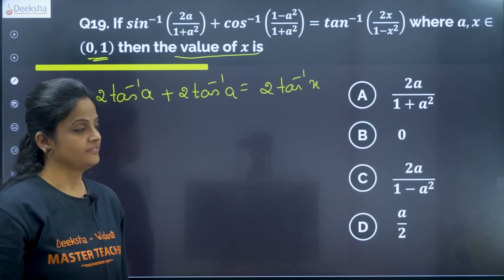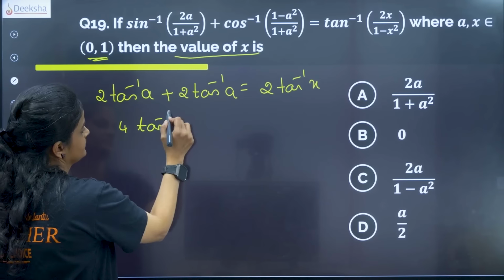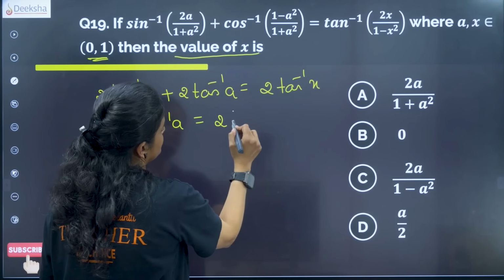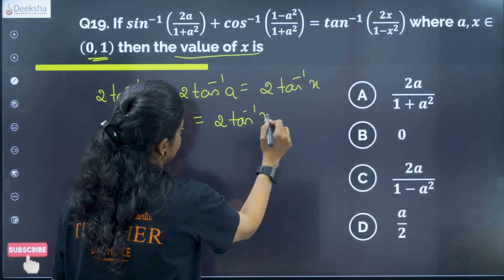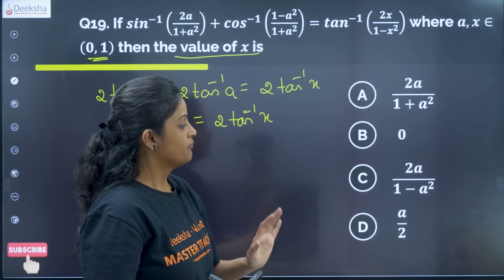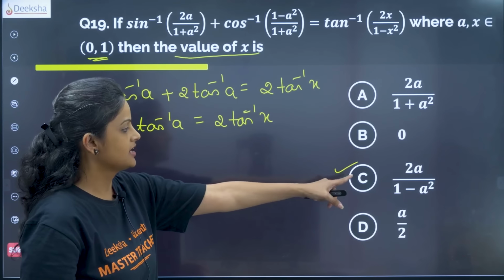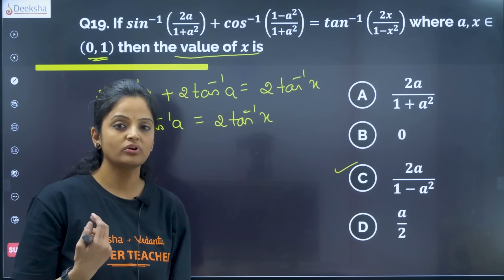Then what we have? 4 times tan inverse a equal to 2 times tan inverse x. If you see the options as they are, I can guess that this is the answer, because that is what I am going to get.